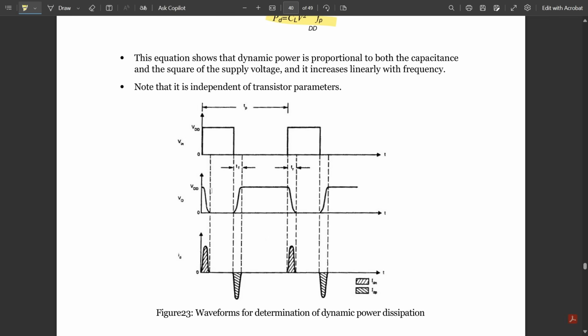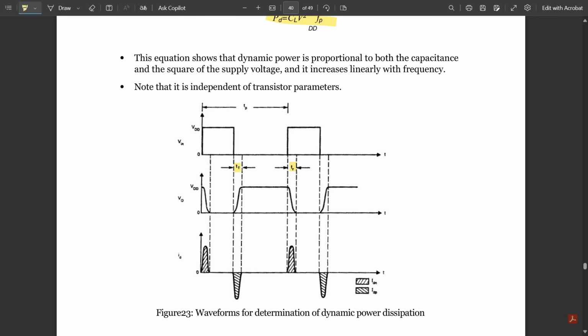Here you see the square wave illustration of dynamic power dissipation. When the signal goes from high to low, the dissipation happens, and when it goes from low to high, again the dissipation takes place, and the same way onwards. Where the change takes place, TF is mentioned as the fall time.